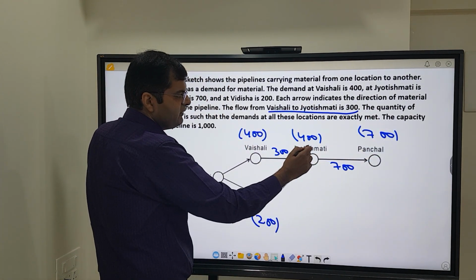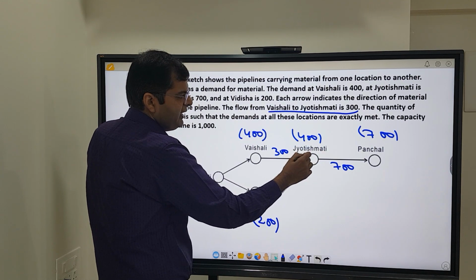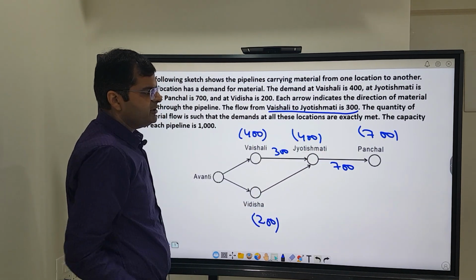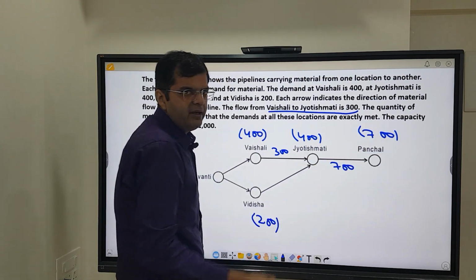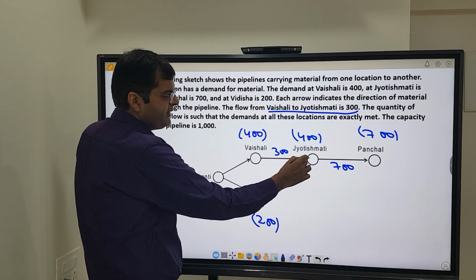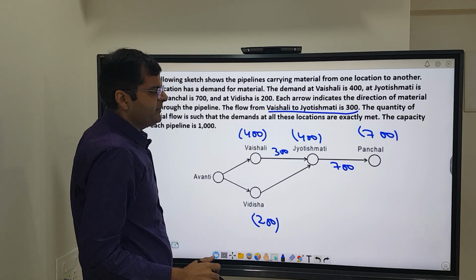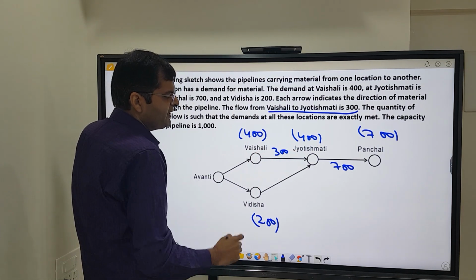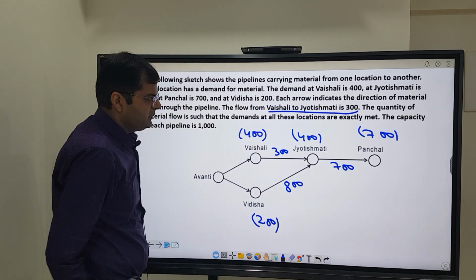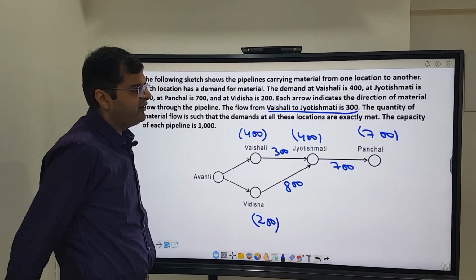So that means 400 plus 700, 1100 should reach Jyotishmati, because 400 will be used by Jyotishmati and 700 will be forwarded to Panchal. So 1100, which is 400 plus 700, will reach Jyotishmati. 300 is reaching through Vaishali, so 800 should reach through this channel of Vidisha, because 300 plus 800 is 1100.